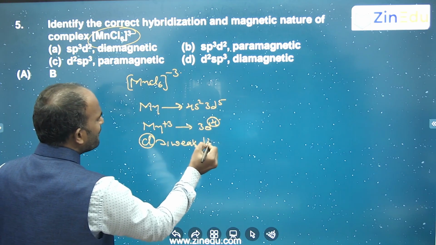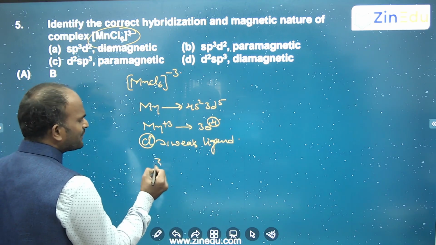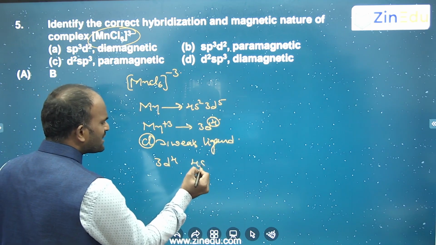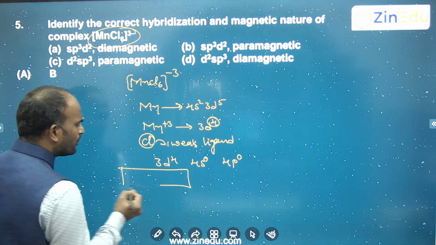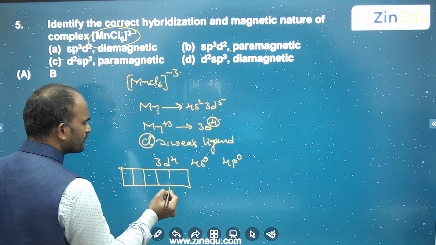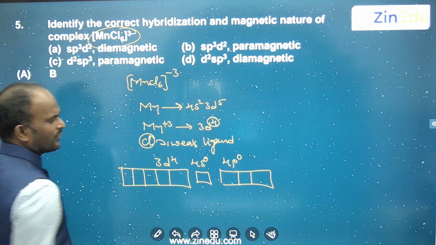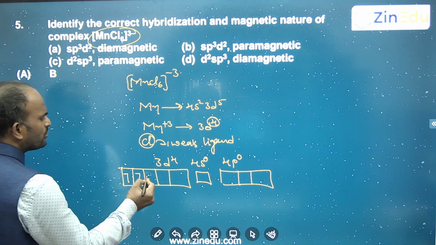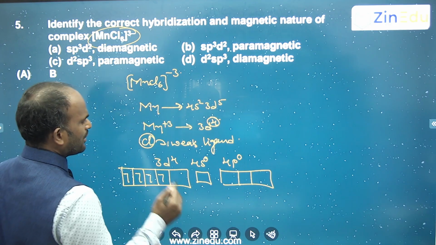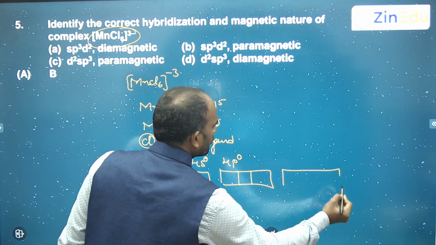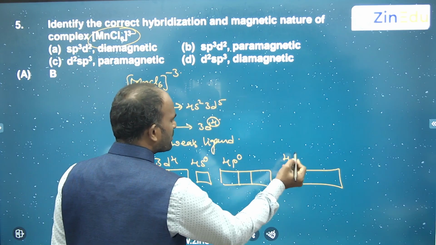It's a weak ligand, so when it is a weak ligand, no pairing up takes place. Therefore, 3d4, 4s0, 4p0. Now in 3d4, 1, 2, 3, 4, and here 3d orbitals are not available for the two electrons, therefore they have to move to the 4d orbitals.